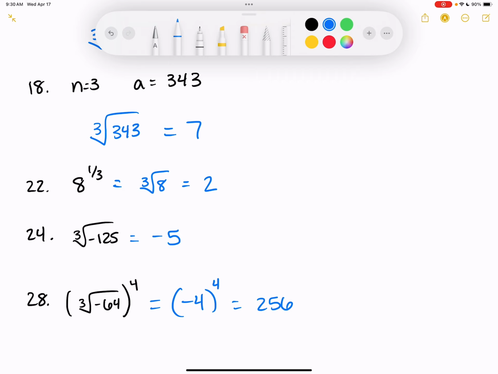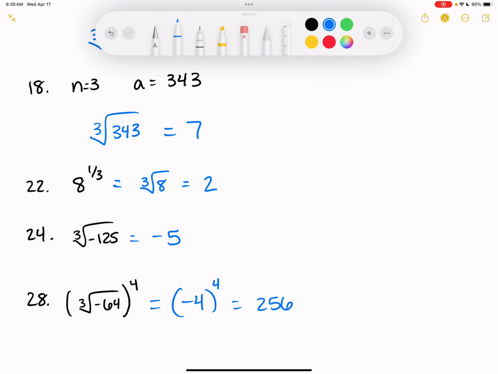Now, this is why I said it was important, because the fact that the parentheses is on the whole thing means that the negative is being raised to the 4th power as well. If it wasn't, then the negative wouldn't be, and our answer would have been negative.